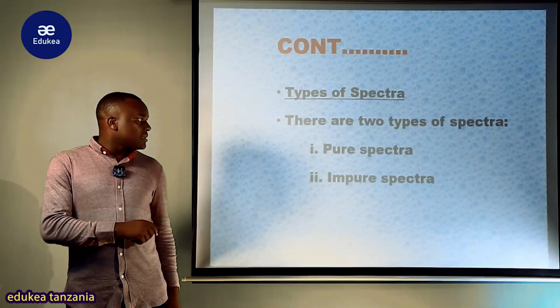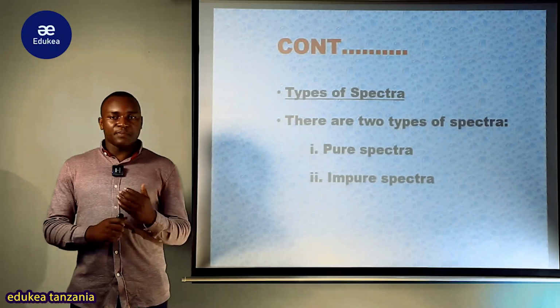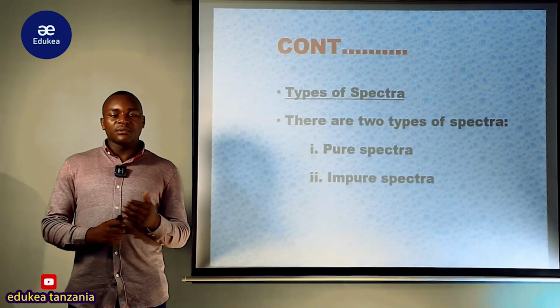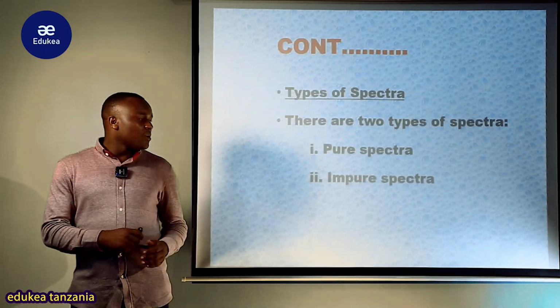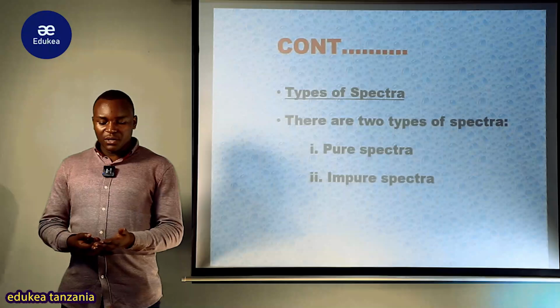So spectra ziko za aina mbili, kuna pure spectra na impure spectra. So if you are being asked to mention types of spectra, we have two types of spectra. We have pure spectra na impure spectra.